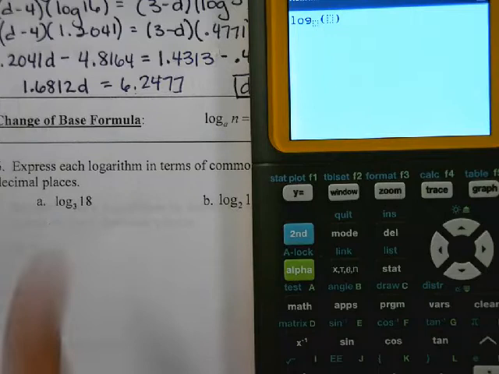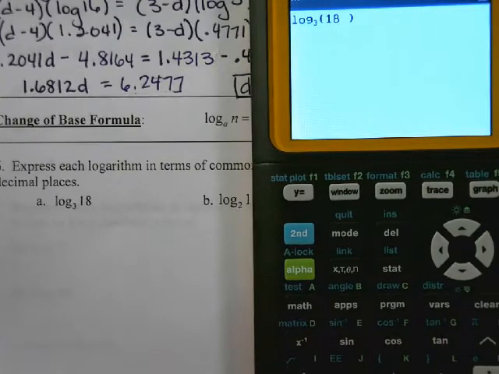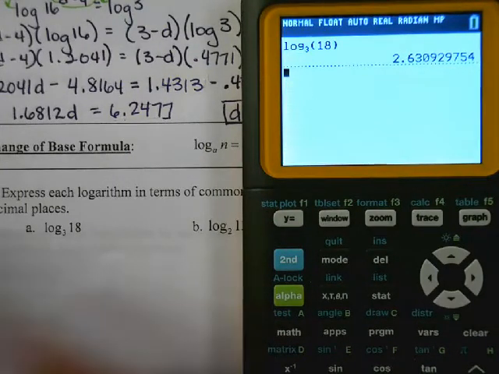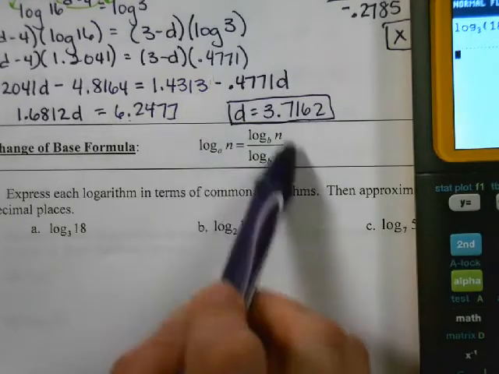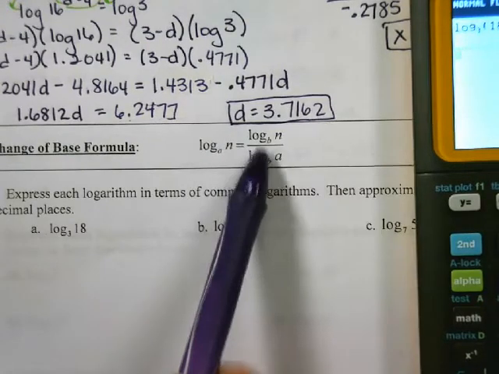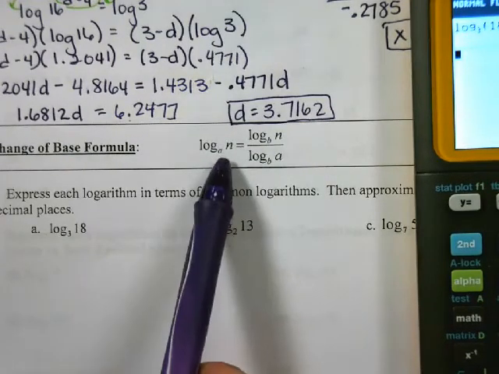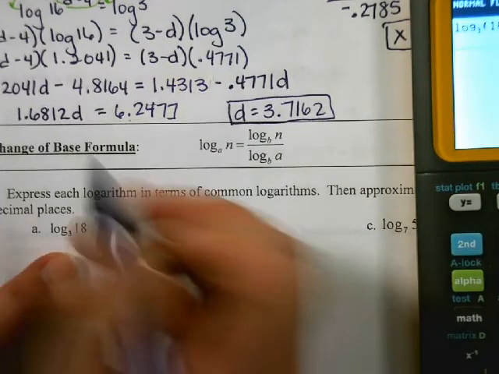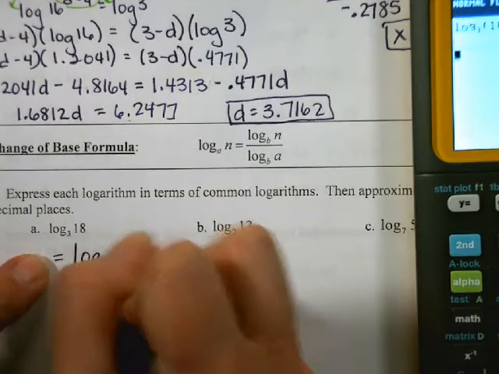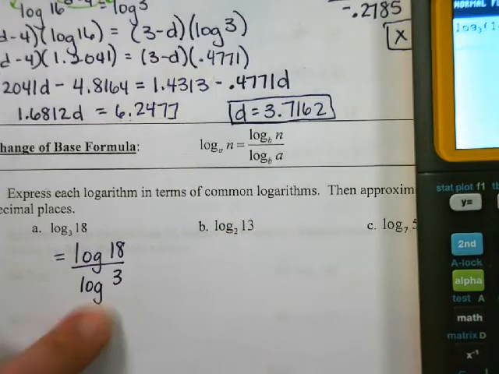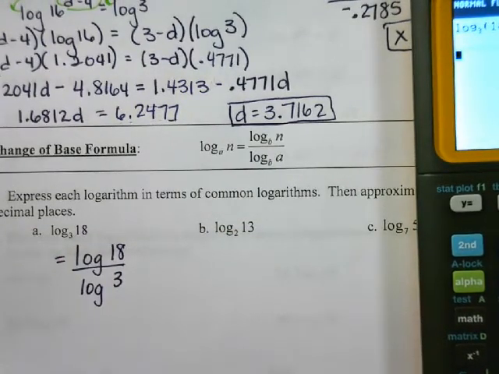So log base 3 of 18, if I put this in my calculator, I can change it like that and get 2.6309. If you don't have that, we can use this change of base formula. Mitchell and Wyatt and Thomas, just go ahead and watch. We can change it to whatever base we want by taking the log of the top divided by the log of the base. For this one, it would be the log of 18 divided by the log of 3. I don't have to put a base because I'm going straight to base 10 so I can use my calculator.